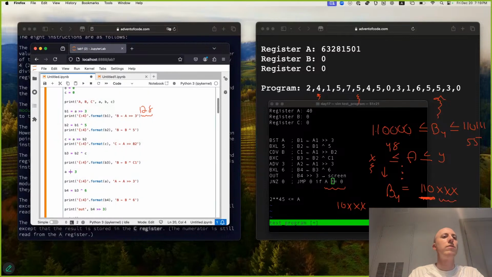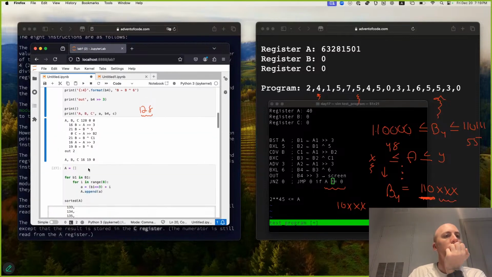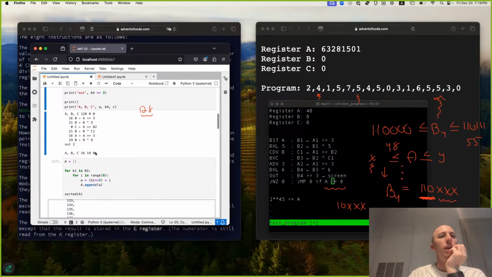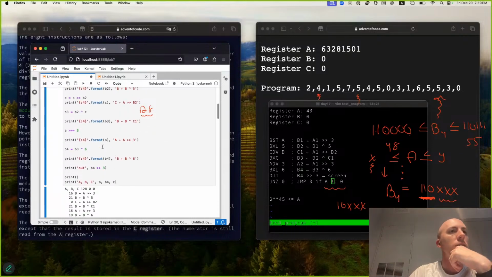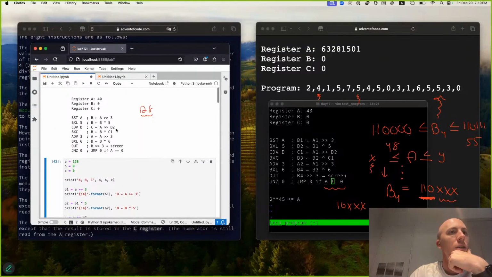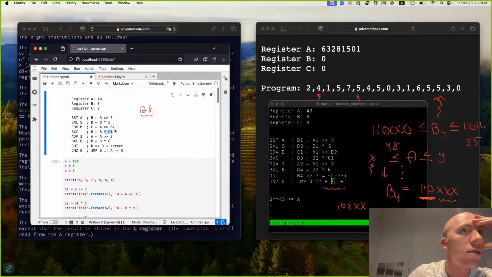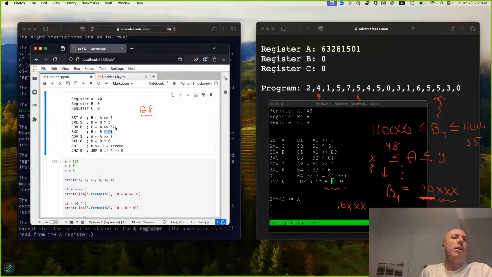A should have gotten shifted this way. A is 16 now. That's not going to be good to get us this other thing. So where did C come in then? C has to be able to help us out. A bit shifted by B2.